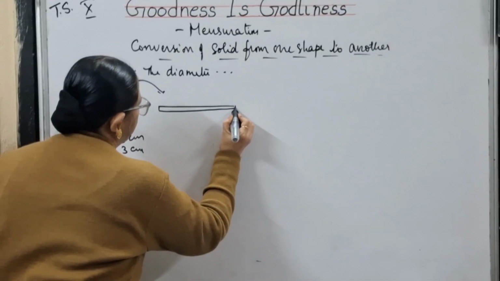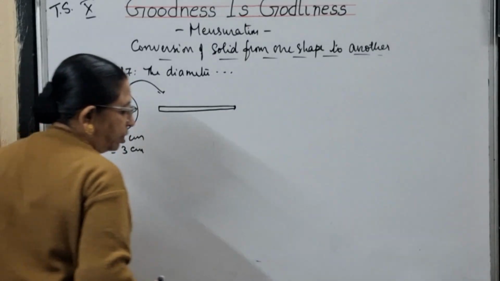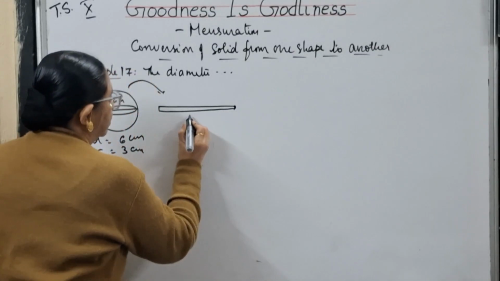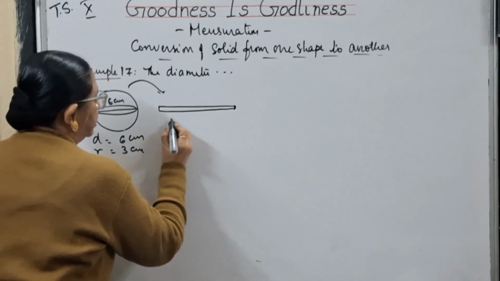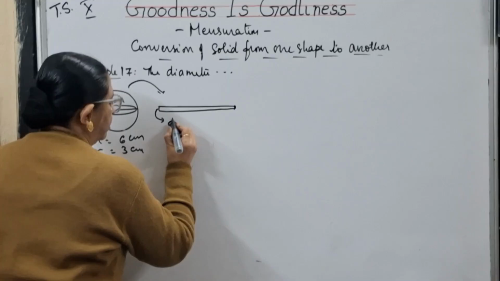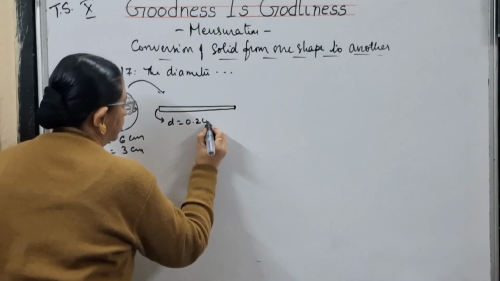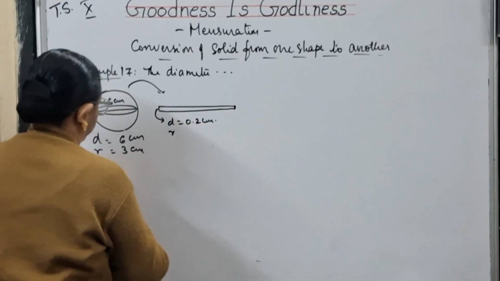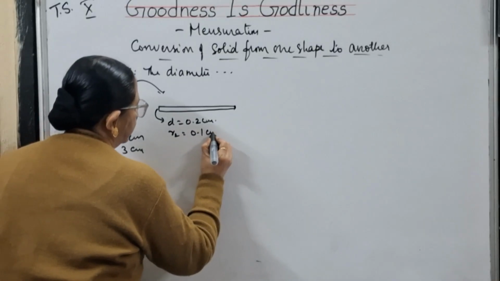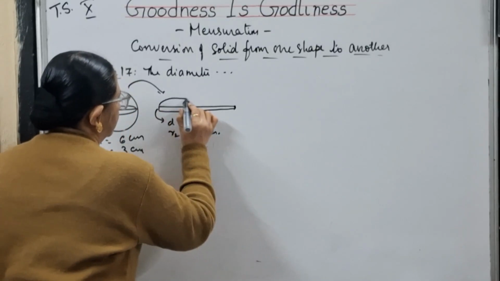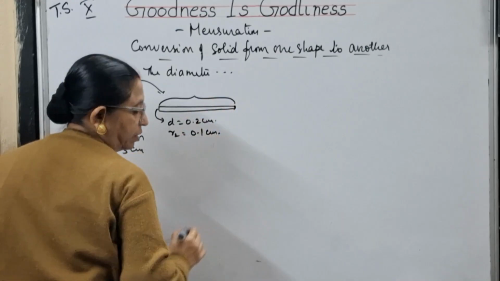Of course, any wire is also in cylindrical shape. It has a cross sectional diameter of 0.2 centimeters. So I'll tag R1 and R2. That means radius is 0.1 centimeters. Now the question is, what is its length?